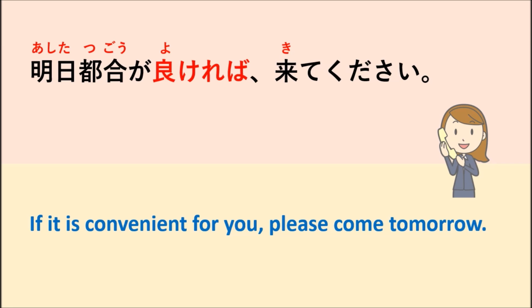You cut out the i. For example, tanoshii also ends with i, so you can cut out the i and say tanoshikereba, if enjoyable, something like this. So this is the rule: everything that ends with i, to change to the ba form, you cut out the i and put kereba. That's just okay.